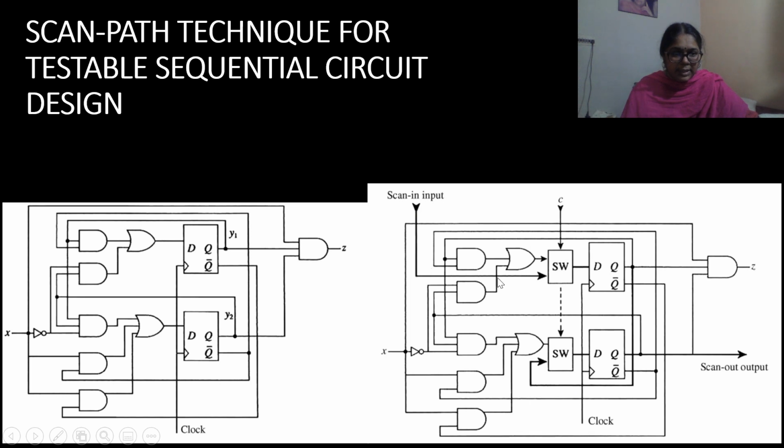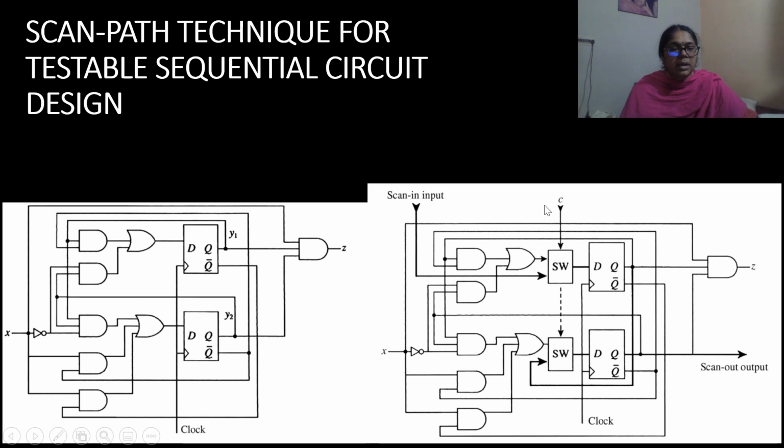Scan-in input will be given as input to the D flip-flop through the first switch, and output of the first flip-flop will be given as input to the second D flip-flop through the second switch, and output of the second D flip-flop is actually checked for any fault. So we basically have now converted this part of the circuit to a shift register.